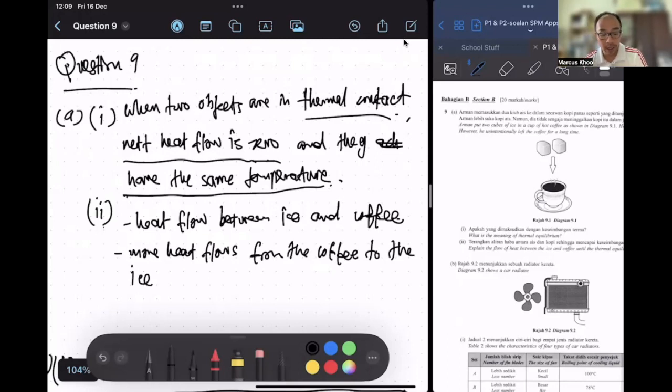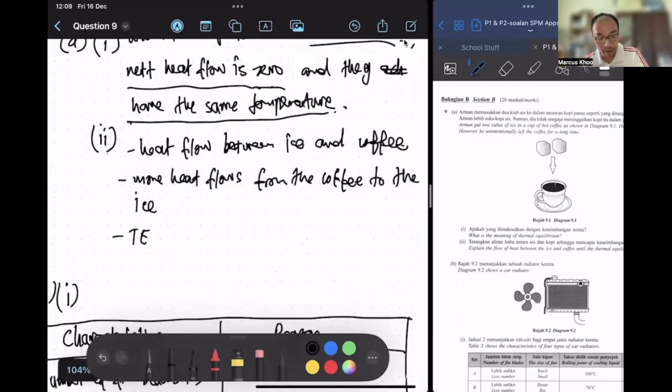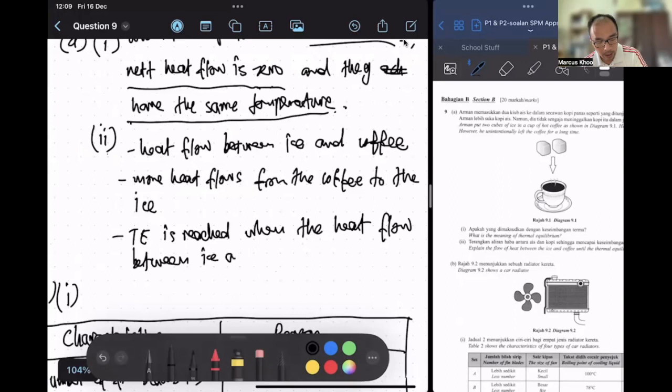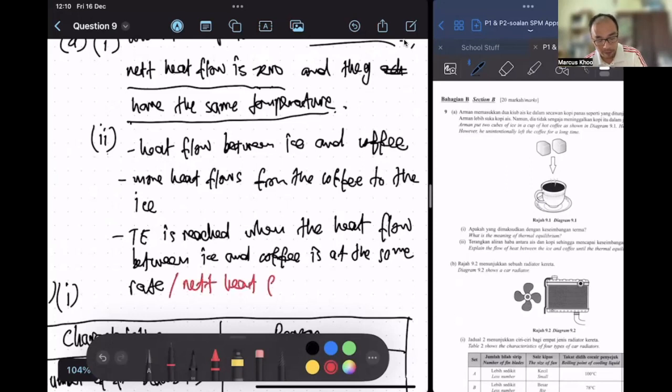And then of course, you can talk about how thermal equilibrium is reached. Thermal equilibrium is reached when the heat flow between ice and coffee is at the same rate. Or if you want to use another word, the net heat flow is 0.